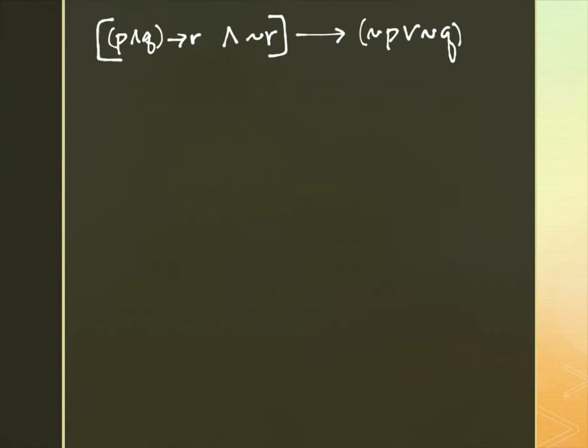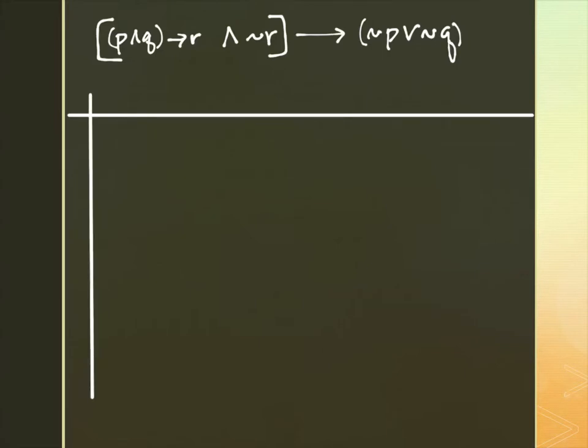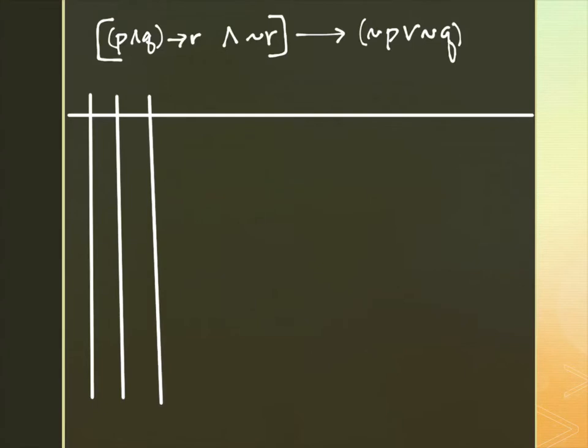Okay, so just like on the last one, we need a column for P, a column for Q, and a column for R. So we'll start with that. And I won't belabor the point. You all know how to do the P, Q, and R, T's and F's. We just did it a moment ago.